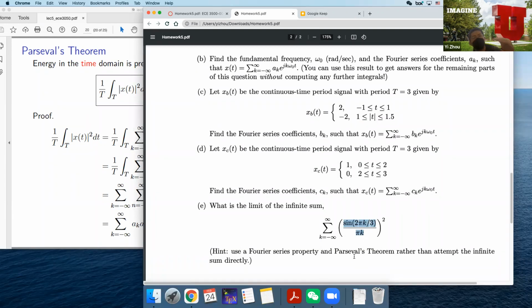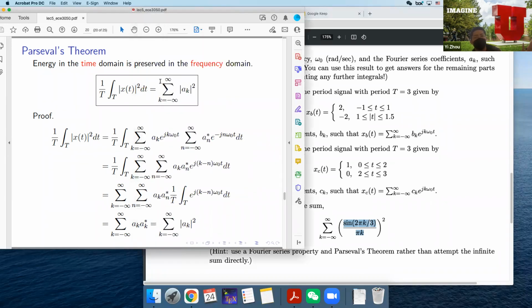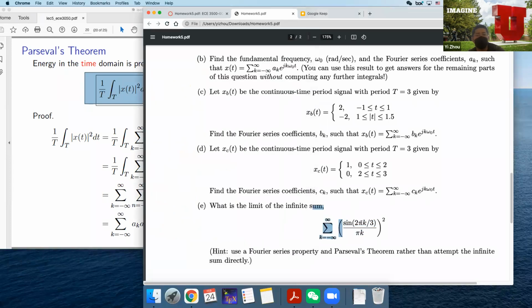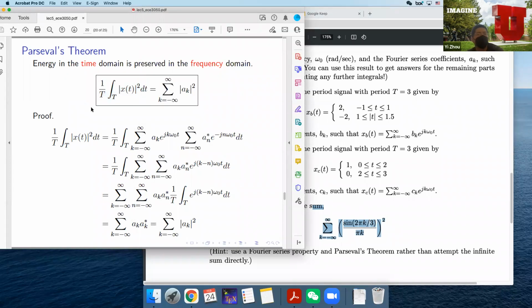By applying Parseval's theorem to that specific signal, you can conclude that the energy collected in the frequency domain equals the energy collected in the time domain. Therefore, by Parseval's theorem, this summation series equals the integration of that specific signal in the time domain over one period.